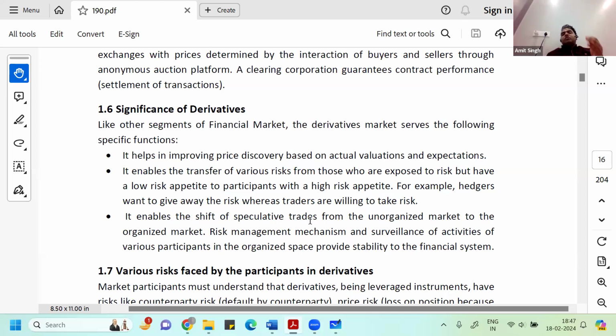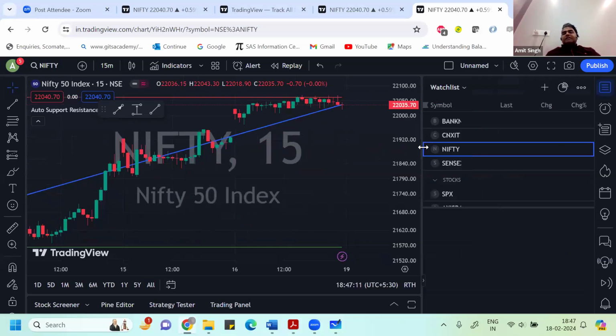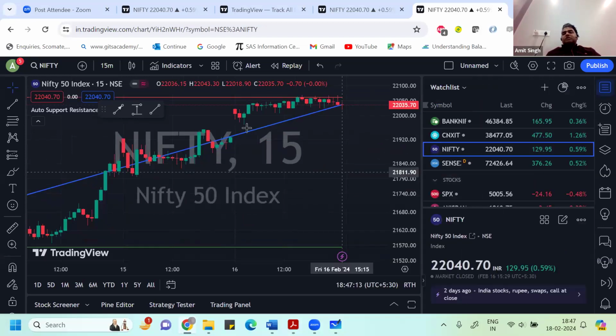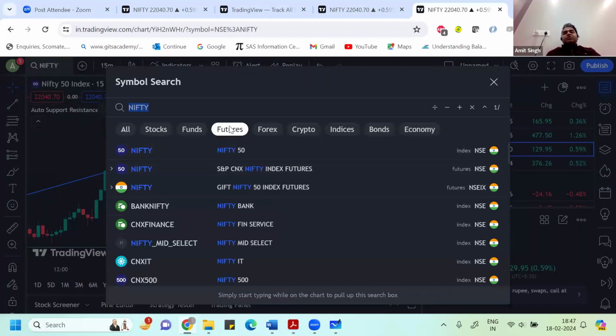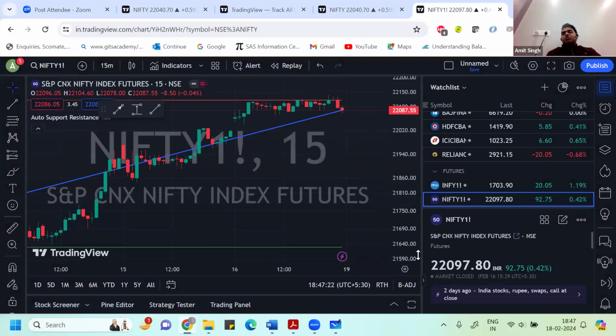So if you observe the Nifty future value, suppose Nifty is right now trading at 22,040, I can go here and check the Nifty future. If the Nifty future is more than 22,040, that shows that people are somewhat optimistic about Nifty in the future.